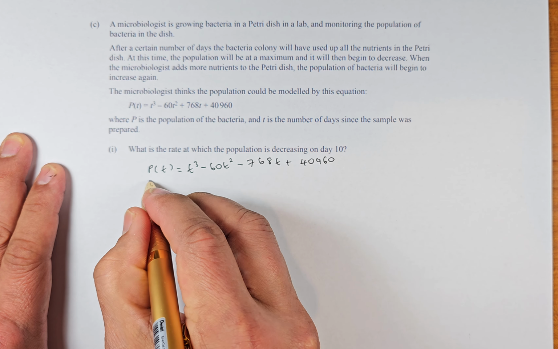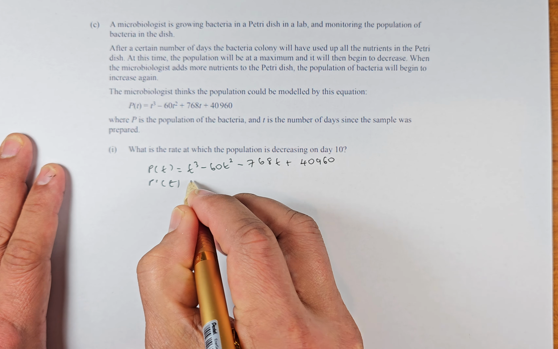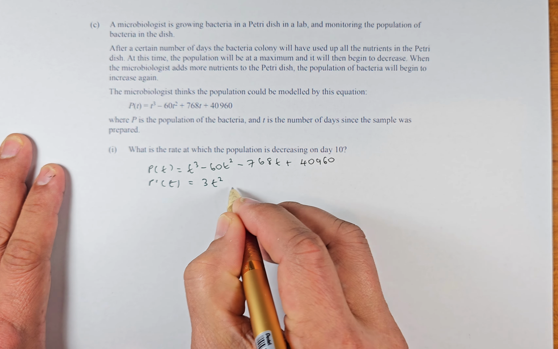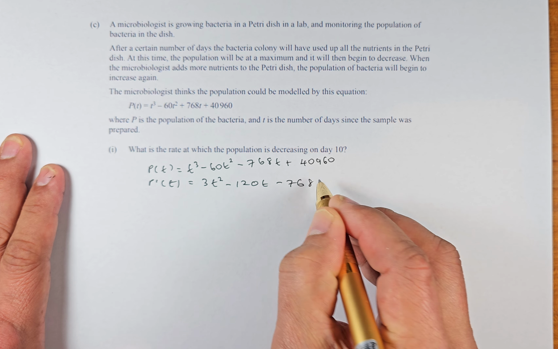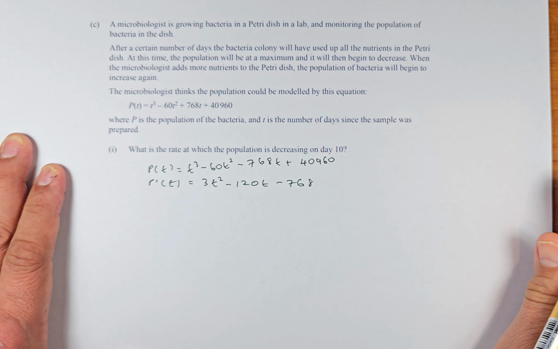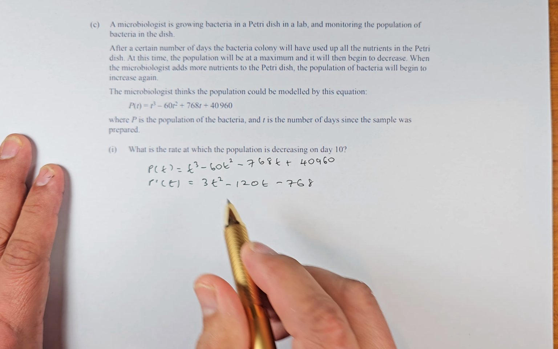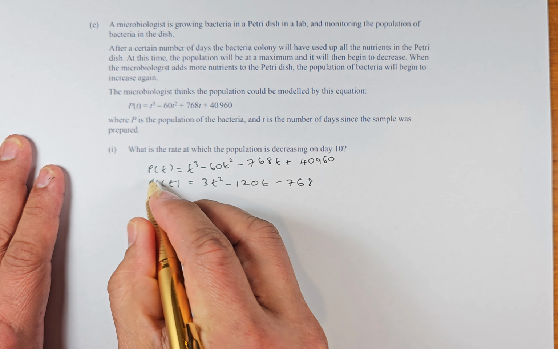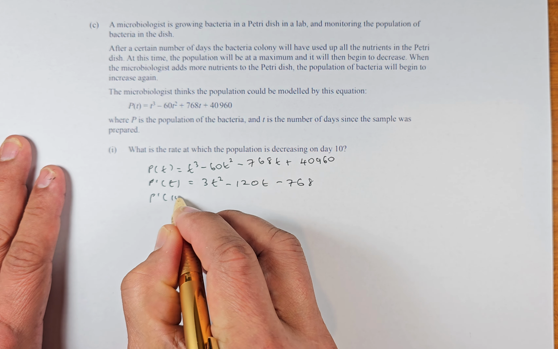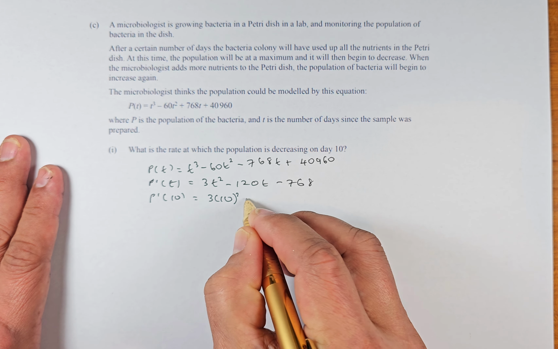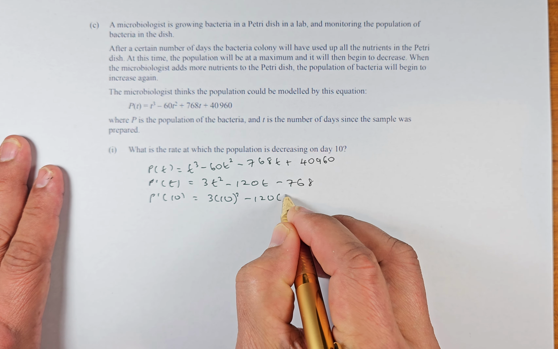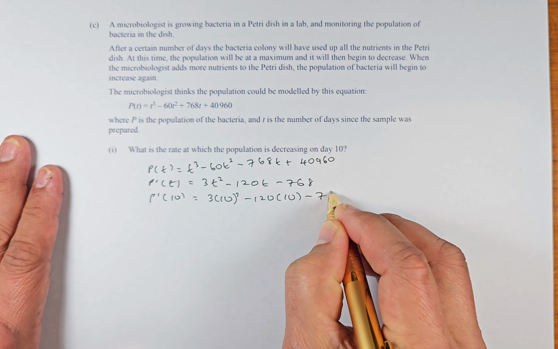So P'(t), differentiated, is going to be 3t squared minus 120t minus 768. Okay, so the question asks you, what is the rate of change on day number 10? So to do day number 10, we just need to substitute 10 into the t here, and then you put 3(10) squared minus 120(10) minus 768.